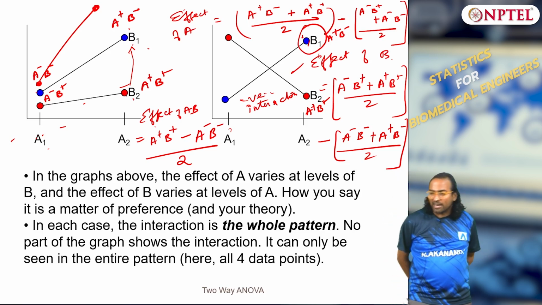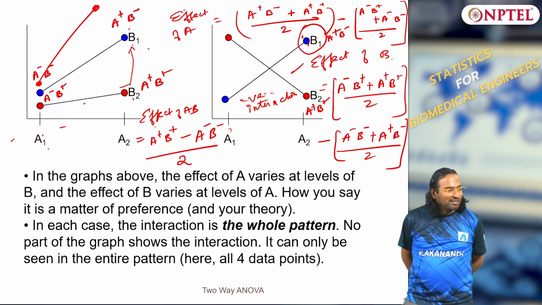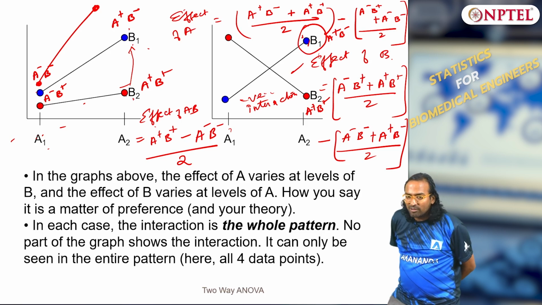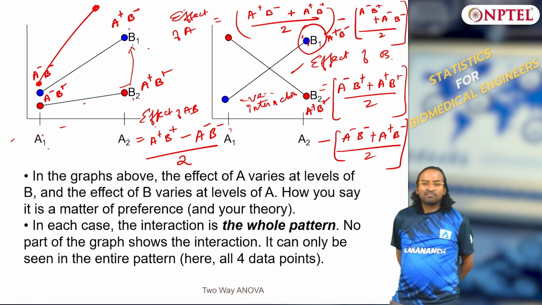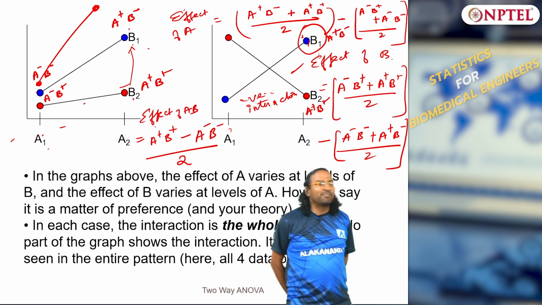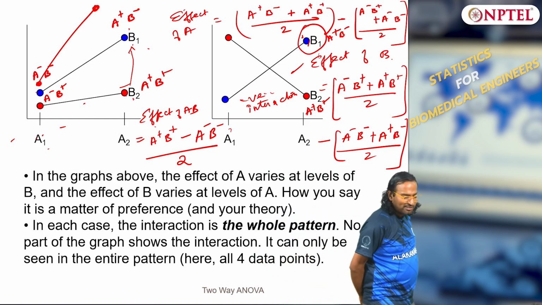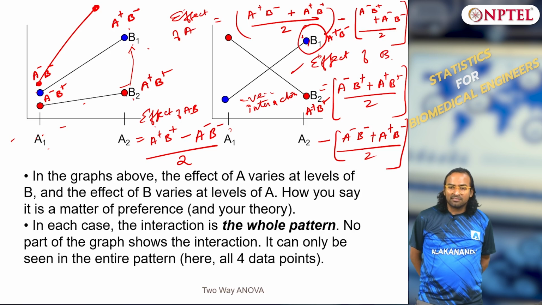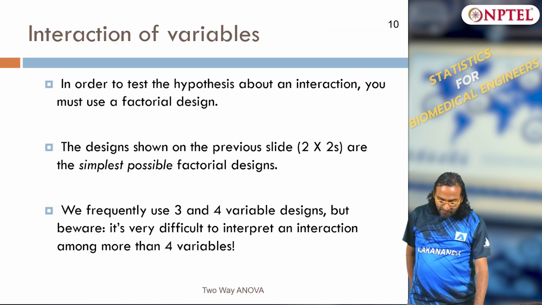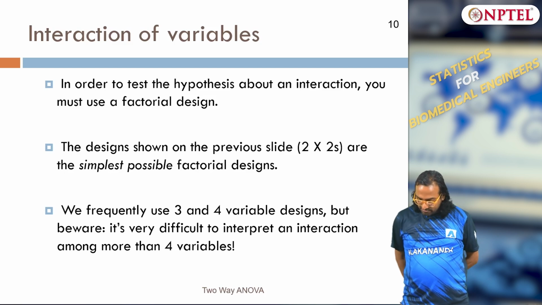So that is what you are in a sense taking: the rate of change of the A positive B positive and A negative B negative line. That will tell me whether there is a significant positive or negative interaction. Make sense everybody? Just with the simple graph you should be able to tell.